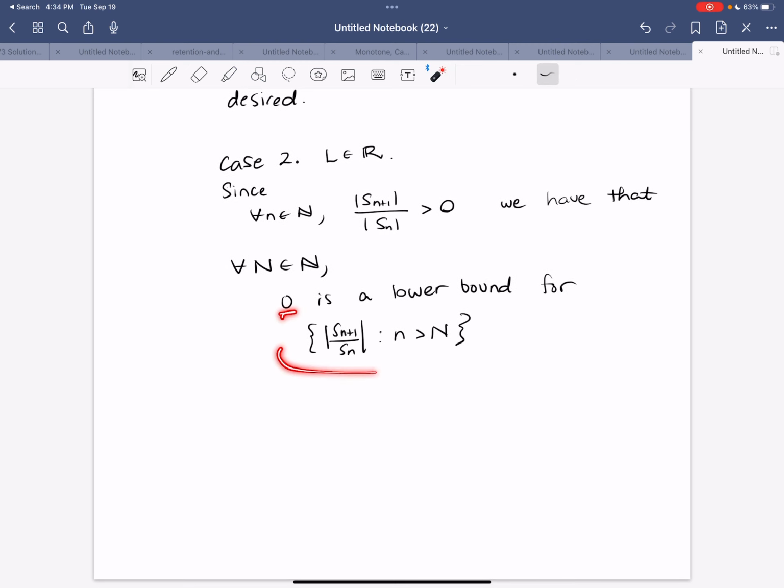So since 0 is a lower bound, the supremum has to be bigger than or equal to 0, because all the terms are bigger than or equal to 0. So our limsup is going to be bigger than or equal to 0.